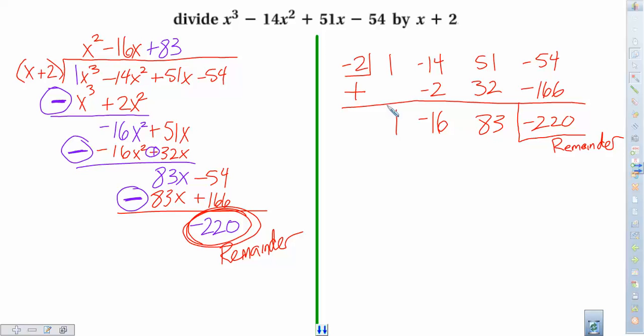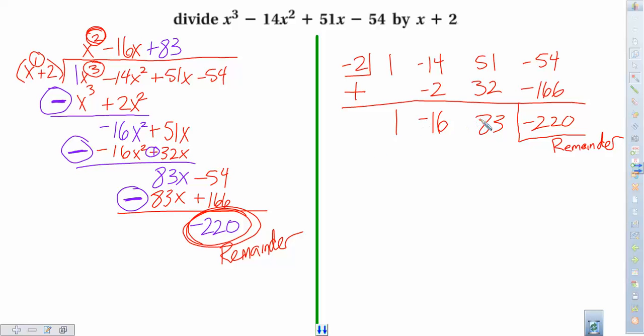Okay? So when they ask us for a couple things here, they're going to ask us for the quotient and remainder. If we're doing this synthetically, here's your remainder. Now here's the beauty part about that quotient. That quotient, when you take a polynomial of degree 3, divide it by a polynomial of degree 1, that degree is going to drop down by 1 to an x squared. See that? It's a square.